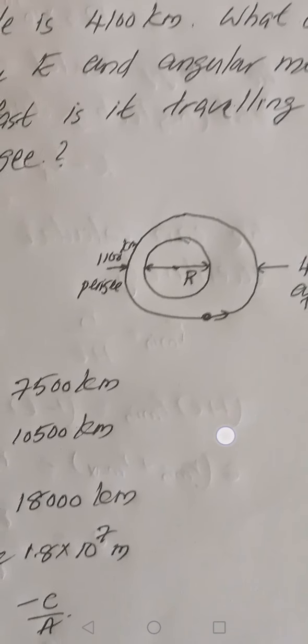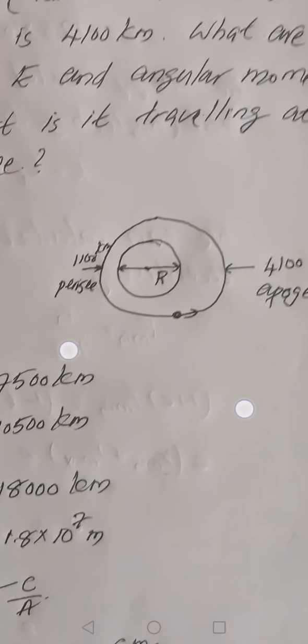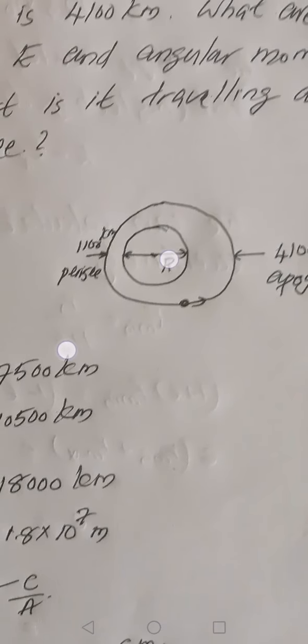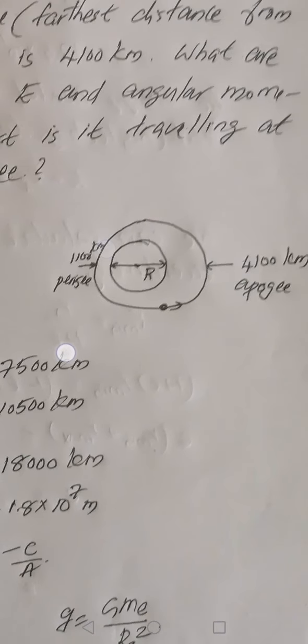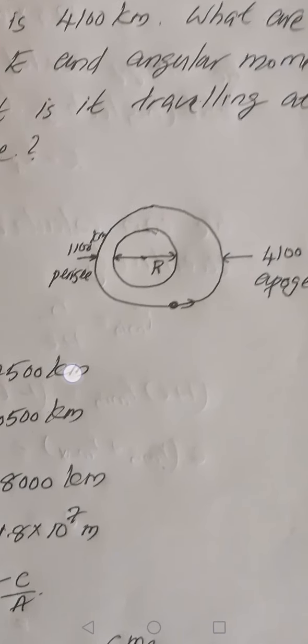Before that, let us understand what the perigee and the orbit are. The inner circle is our earth. Earth has a radius r. The outer one, in the counterclockwise direction, is the orbit of our satellite.